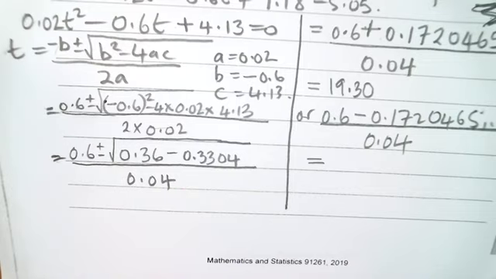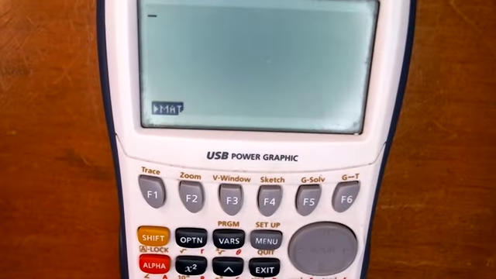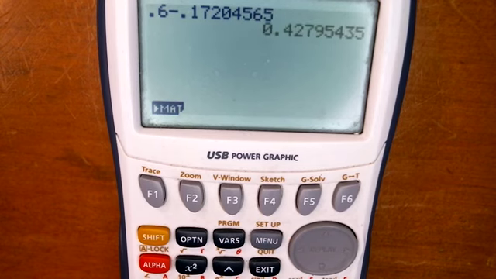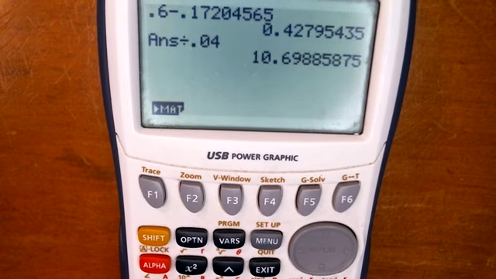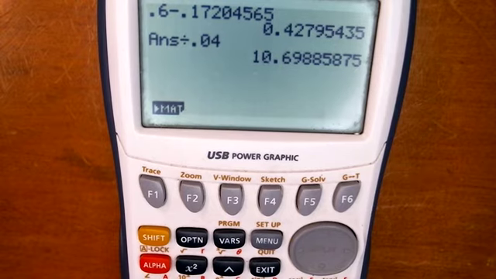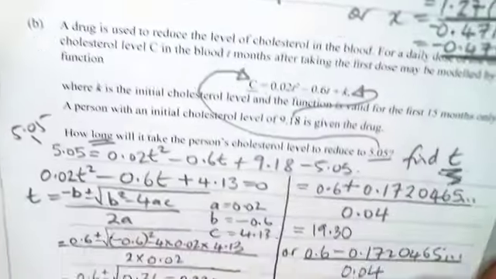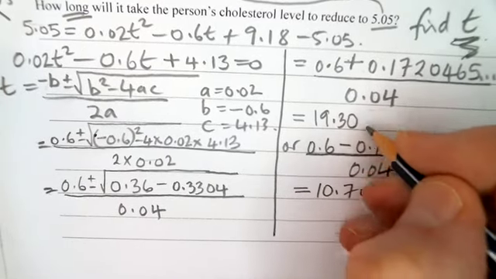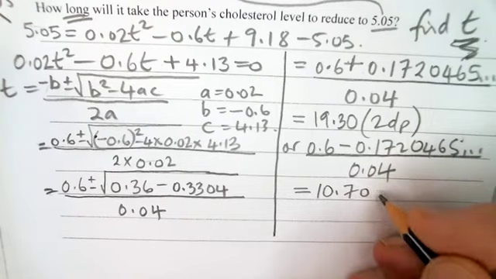So it's going to be 0.6 minus 0.1720465, divided by 0.04, and I'm going to get 10.69. I'm going to call that 10.70, 2dp.